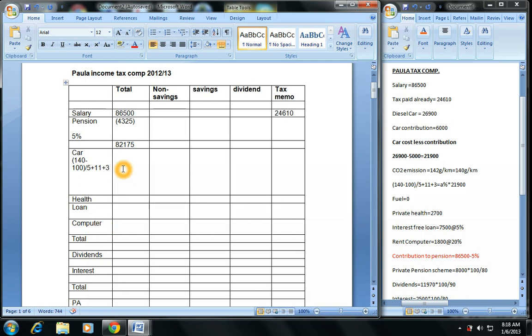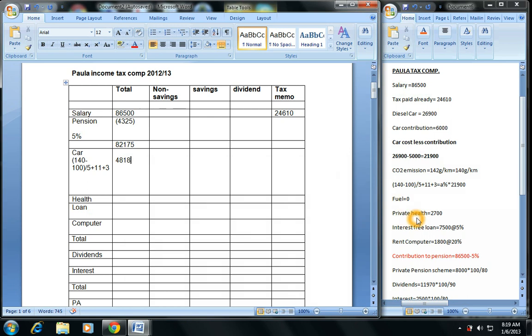What do we get here? We get a benefit in kind of 4818. Everything from down here up to here, including the floor, which is 0, is being computed here, and that is her benefit in kind for the car.